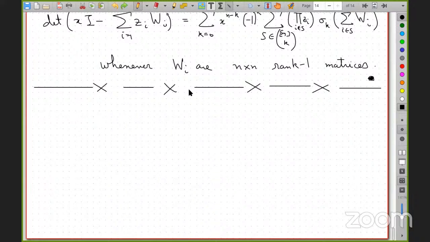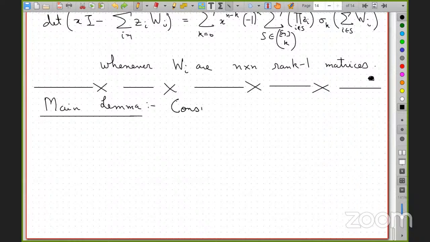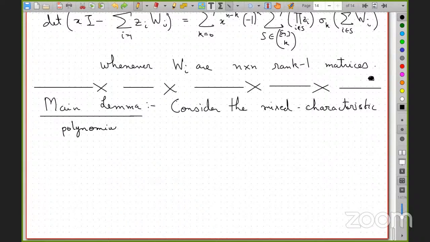Okay, so now the main thing that we will prove is the following, the main lemma of using this inequality. Consider the mixed characteristic setup we had earlier, setup from before. So what was this?